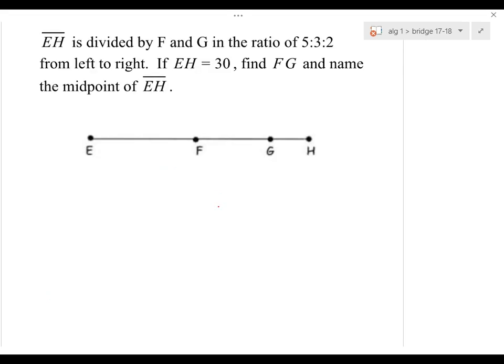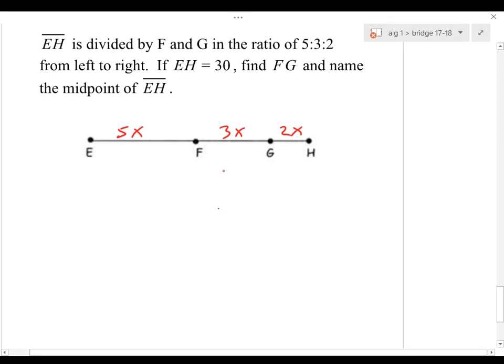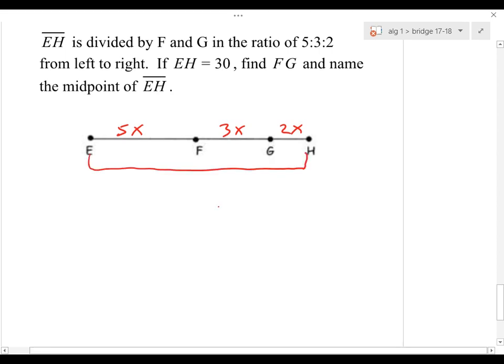Okay, EH is divided by F and G in the ratio of 5 to 3 to 2 from left to right. So what we can do is label EF 5x, label FG 3x, and GH 2x. And I know that EH is 30.